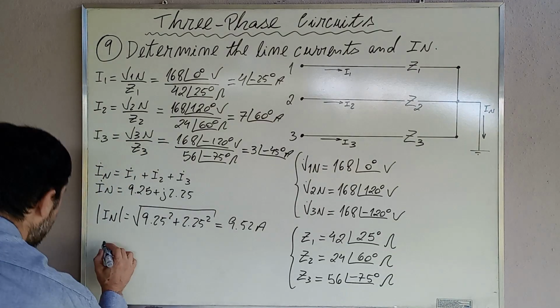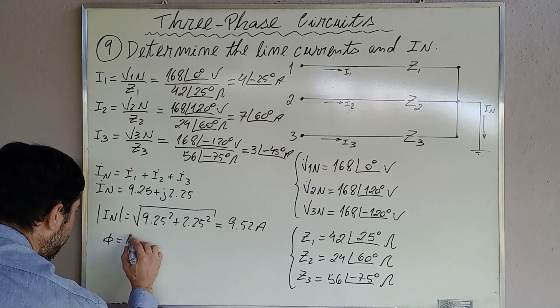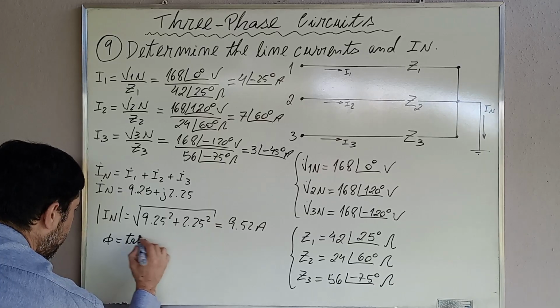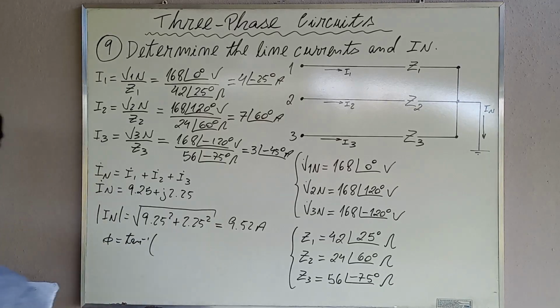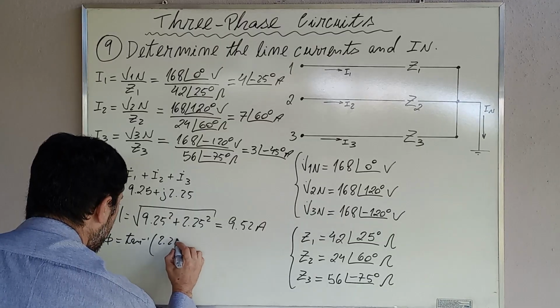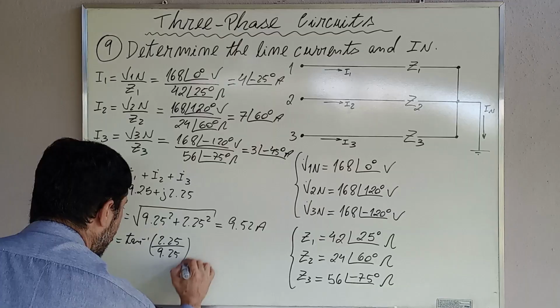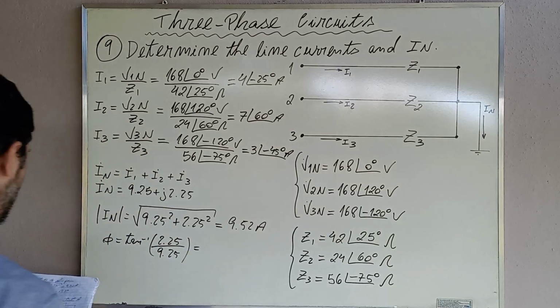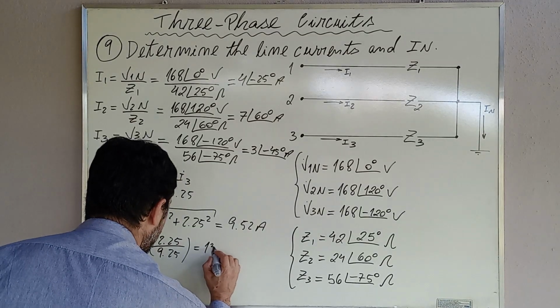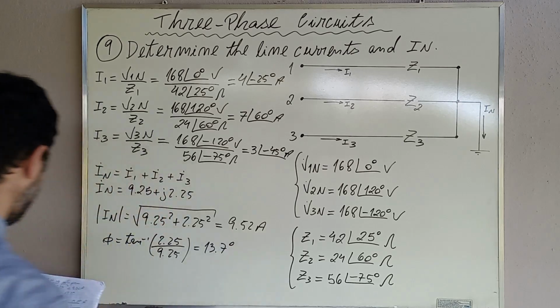The angle is the inverse tangent of 2.25 divided by 9.25, and this is equal to 13.7 degrees.